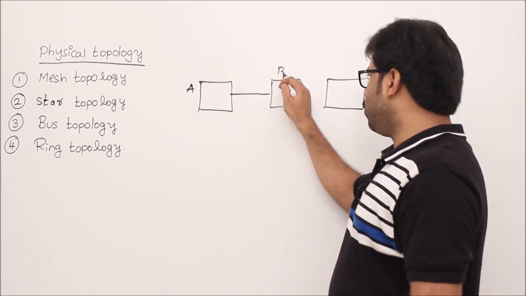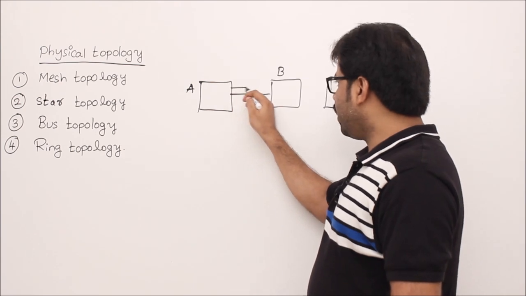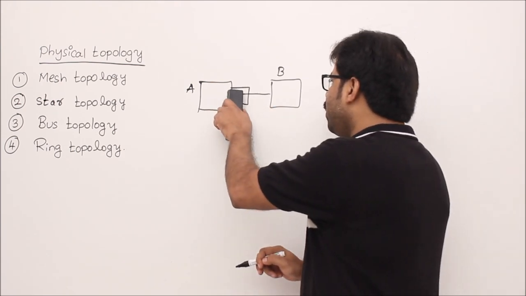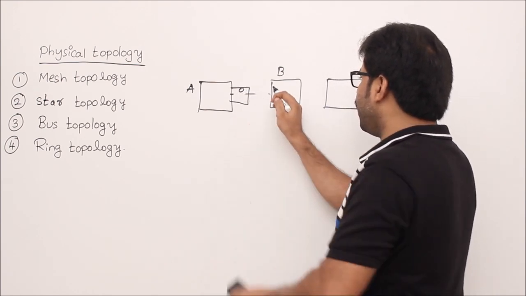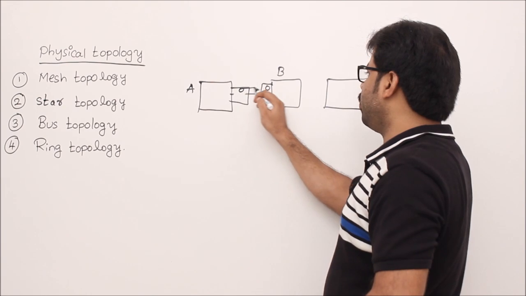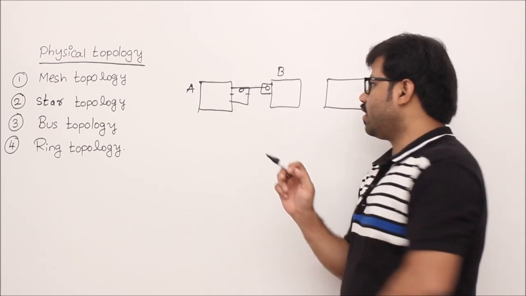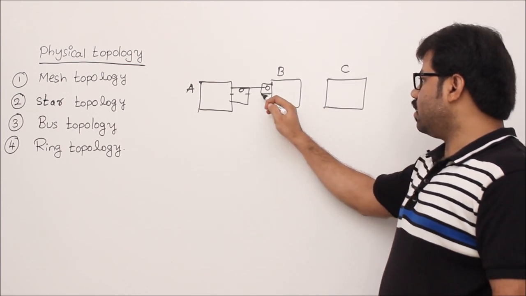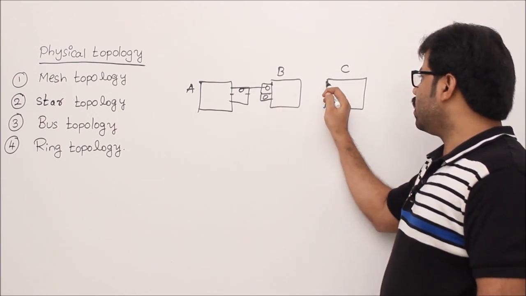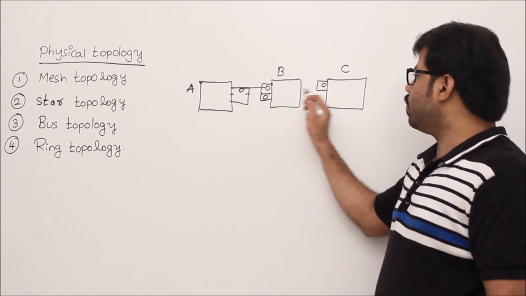Let's do that first. A and B, there will be a NIC card, correct? In that NIC card there will be a port, correct? So this port, and this B is also having one NIC card, with a port. Connect them like this. So we know that we can connect like this. Now what about connecting B and C? Simply connect like this, sir. There will be one more port here. So in C there will be one port, you connect them, right?